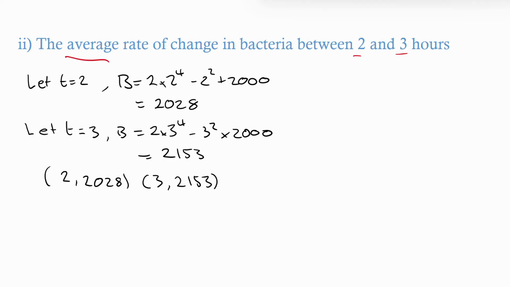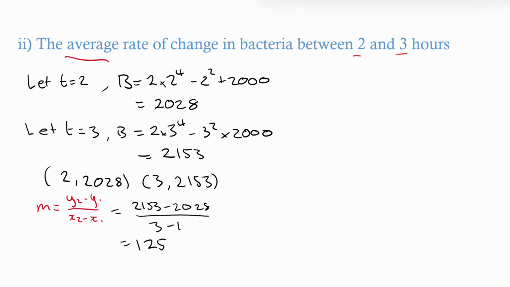So we're going to use m equals y2 minus y1 over x2 minus x1. So we end up getting 2153 minus 2028 all over 3 take away 2, which ends up equaling 125.